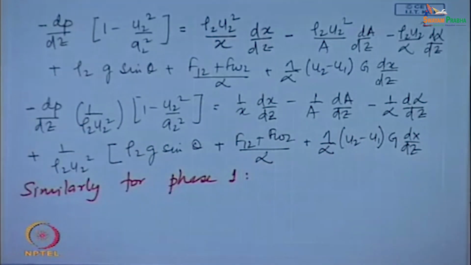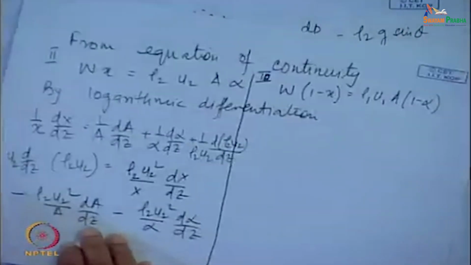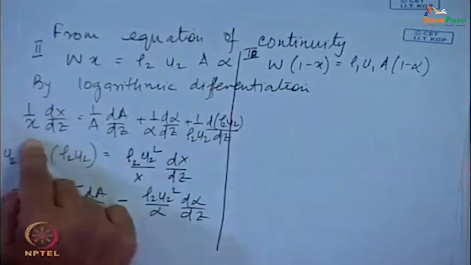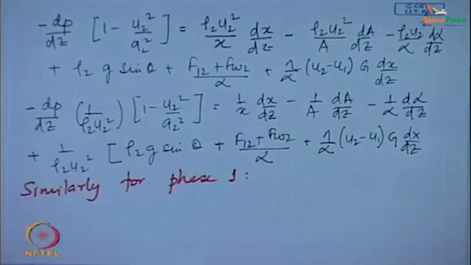In the same way, we can write an identical equation for phase 1 by substituting u1 d/dz of rho 1 u1 from the equation of continuity and performing the logarithmic differentiation, and we can arrive at one particular expression for phase 1. We will do it in the next class, and then we will finally arrive at the condition of compound choking for the two phases using the two fluid model. So, thank you very much.